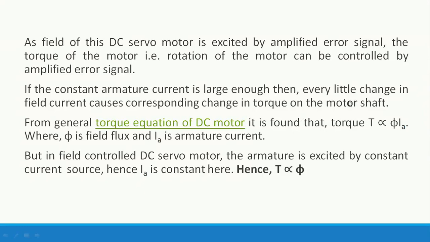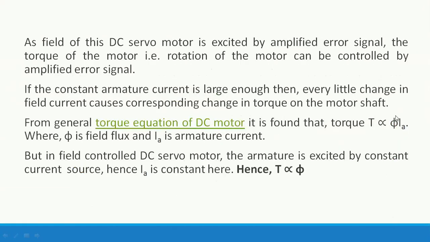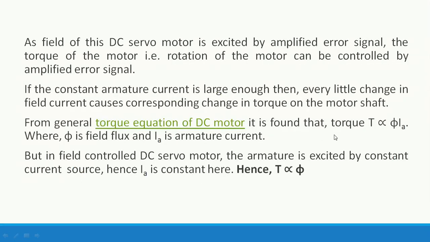From the general torque equation of a DC motor, it is found that torque is directly proportional to phi Ia, where phi is the field flux and Ia is the armature current. Here this Ia is kept constant, because the armature is connected to a constant current source.